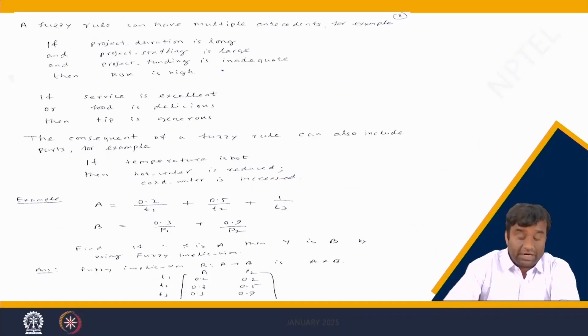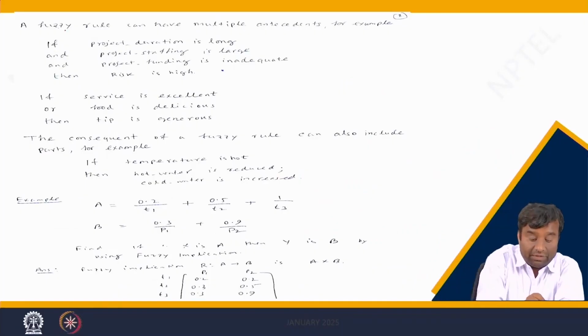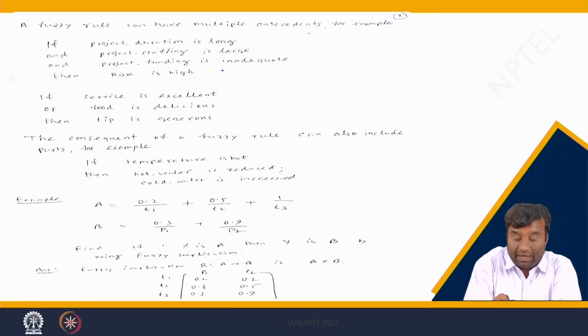Now try to understand that a fuzzy rule can have multiple antecedents. For example, if project duration is long and project staffing is large and project fund is inadequate, then risk is high.